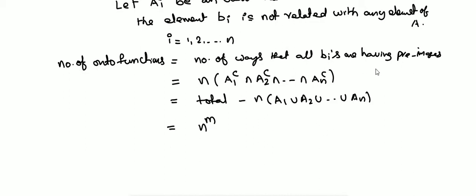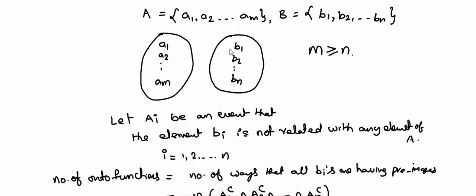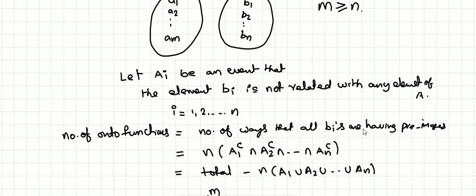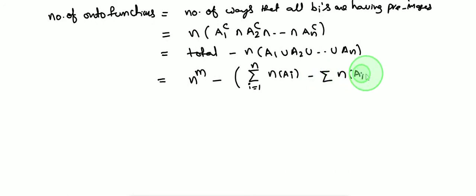So the total number of functions is n power m minus sigma n(Ai), i running from 1 to n, minus sigma n(Ai intersection Aj), provided i and j lie between 1 to n and i is not equal to j, plus sigma n(Ai intersection Aj intersection Ak), again where i, j, k lie between 1 and n and no two are equal, and so on, plus or minus (minus 1) whole power n minus 1.